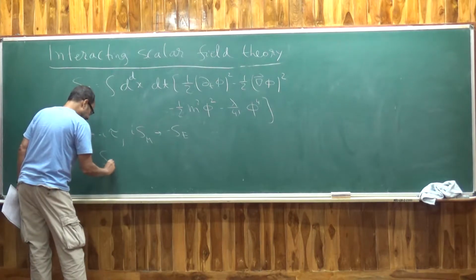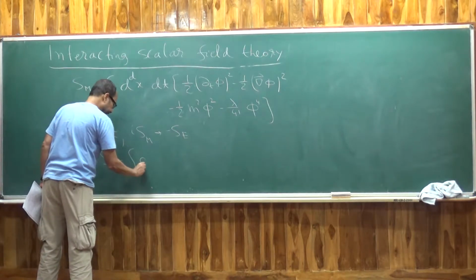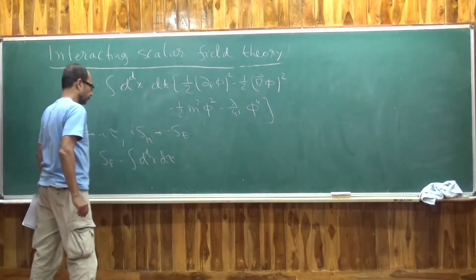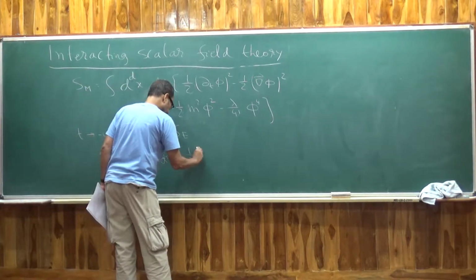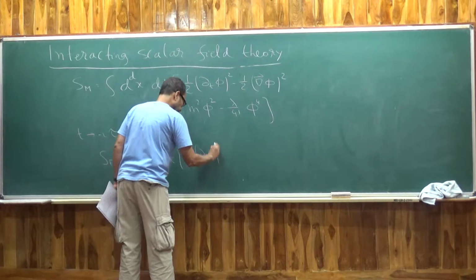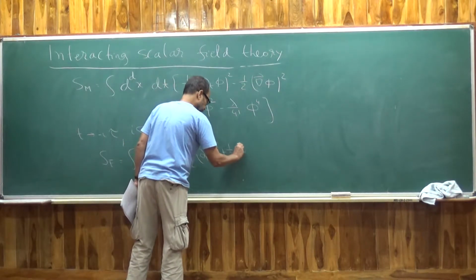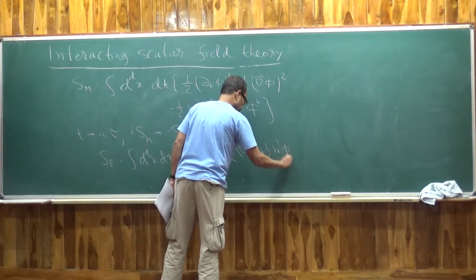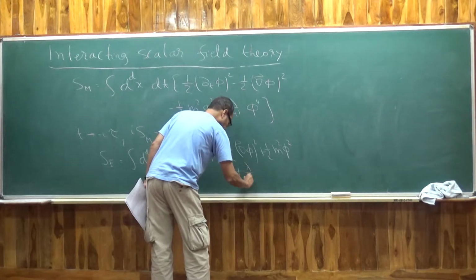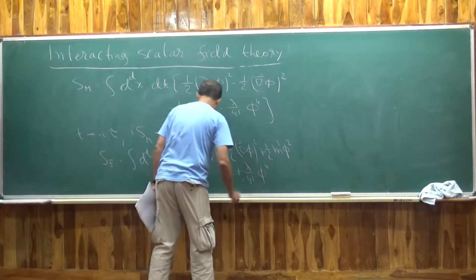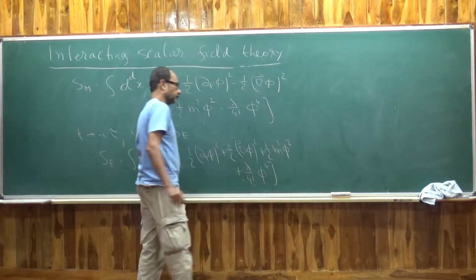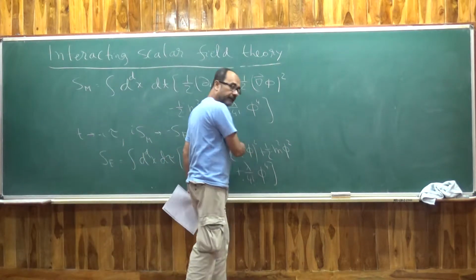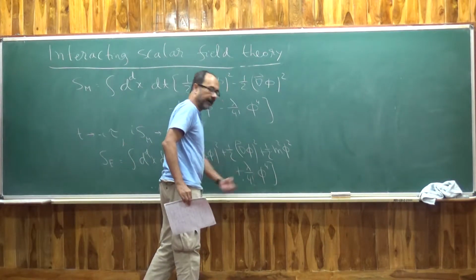This gives the expression for S_E as integral d^dx d tau. This part is the same as what we discussed last time, the free field action, and all that has changed is the addition of this interaction.